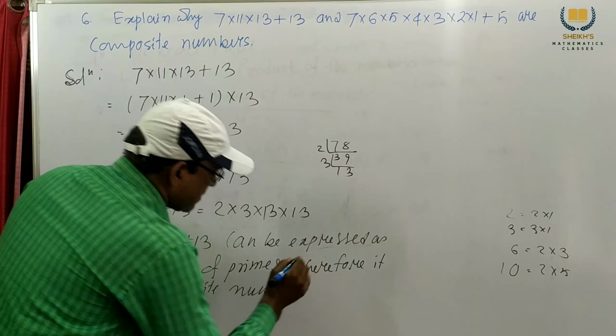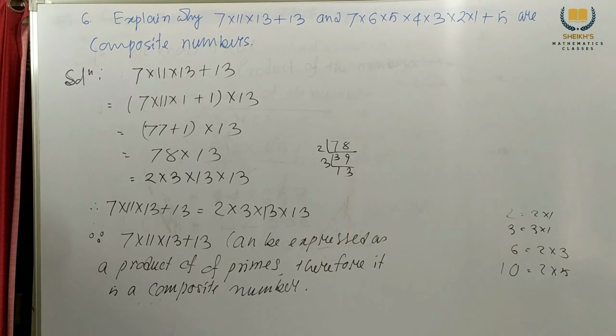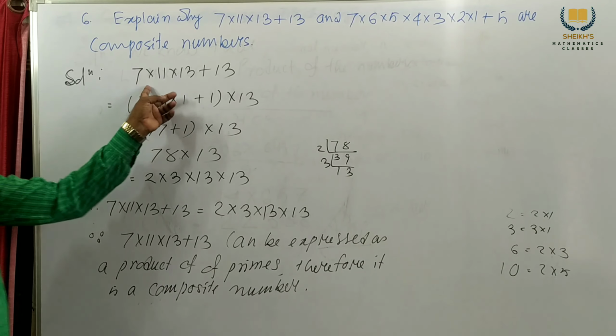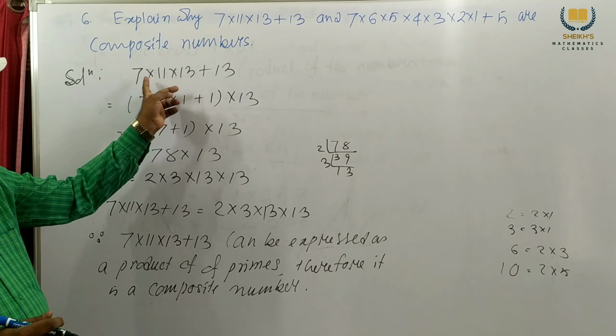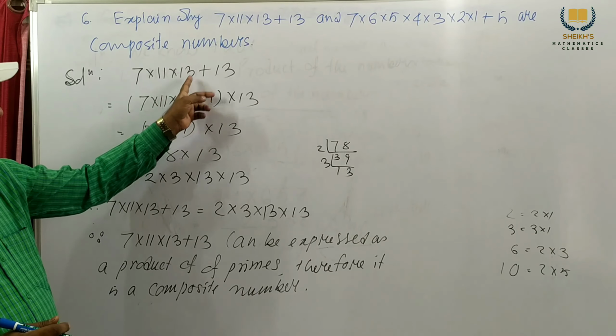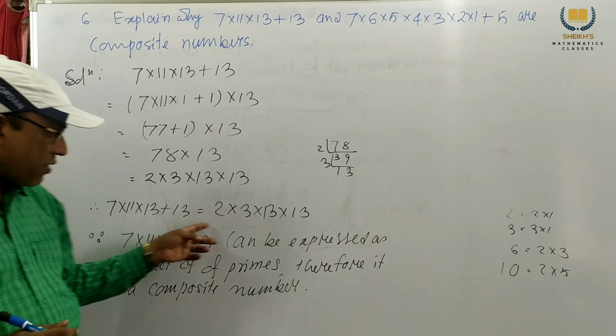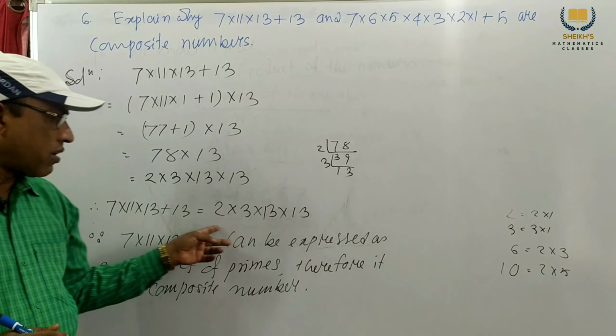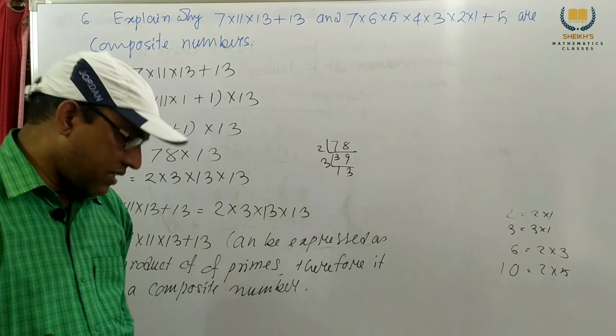So the given number is a composite number, because we can express it as a product of primes.